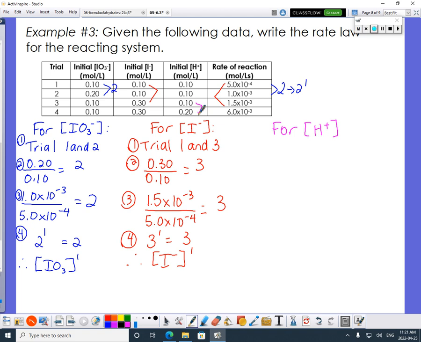That's fine. Okay, so I got a 2. So again, when I do the rate, that means that my number should be a factor of 2. 2, 4, 8.